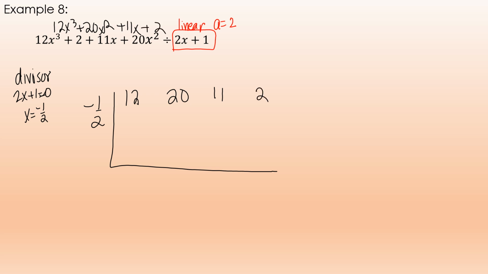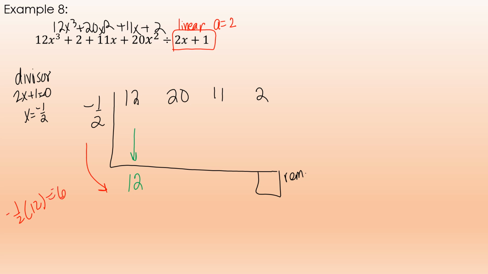There you go. All right, so there's the remainder if we have one. Alrighty, first things first, bring down the first term to give me 12, multiply the outsides, negative 1/2 of 12. What's half of 12?